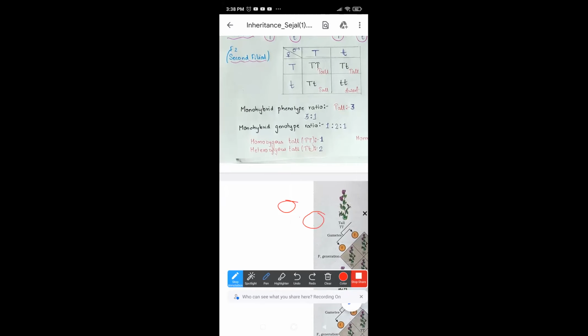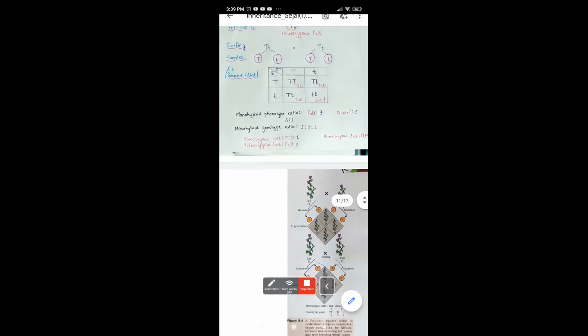So 1/4 TT, 1/4 tt, and there are 2 heterozygous boxes, so it becomes 2/4, which is 1/2 heterozygous tall. It is given in the same way.